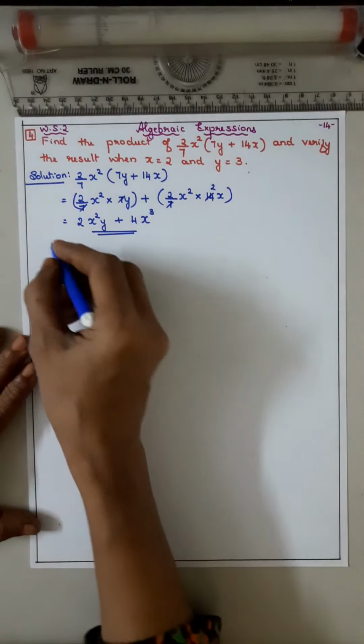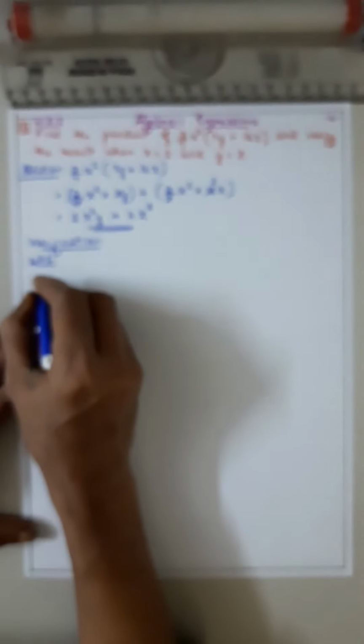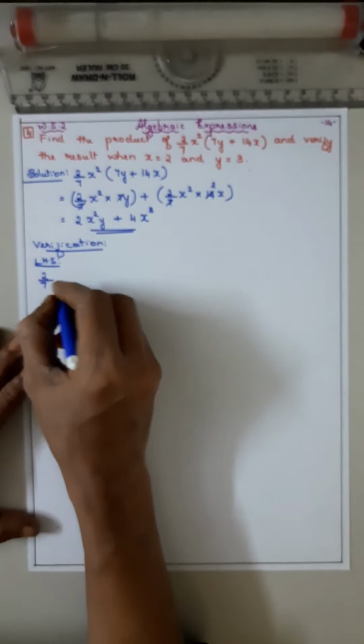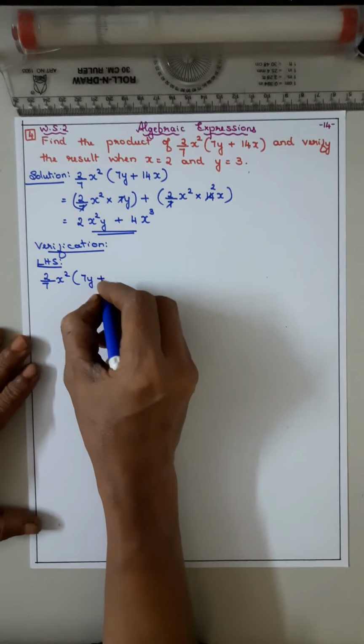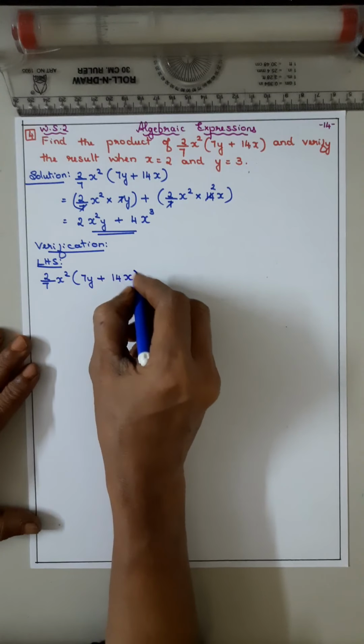Now verification, right? We have to do LHS and RHS, isn't it? Which is the LHS? The question, whatever is given. That is 2/7 x squared (7y + 14x).